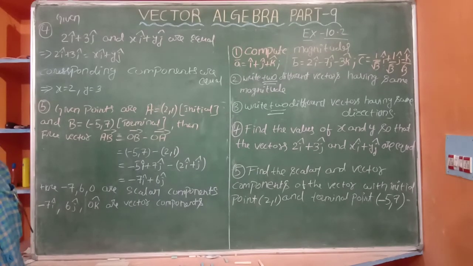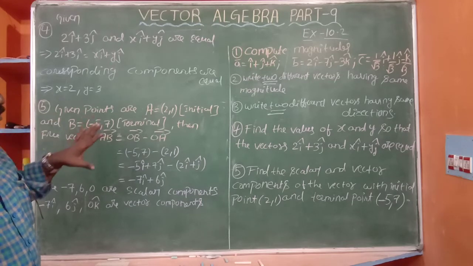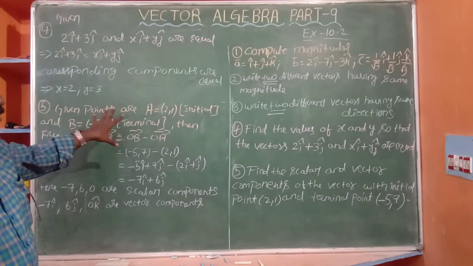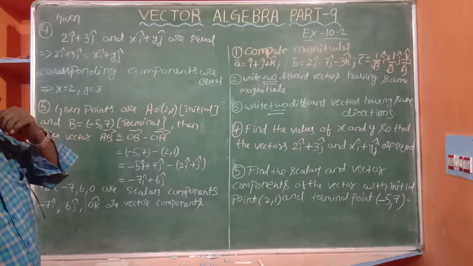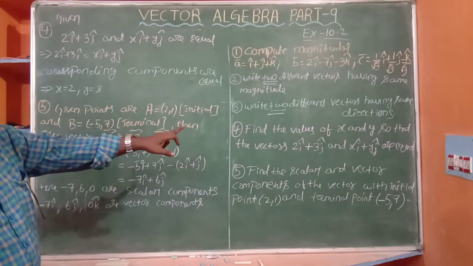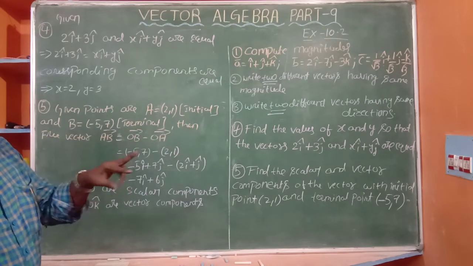Okay, now observe me. Next, fourth problem. Here, 4 and 5 I already solved on the board, because it is a waste of time. Fourth problem: find the values of x and y so that the vectors are equal.